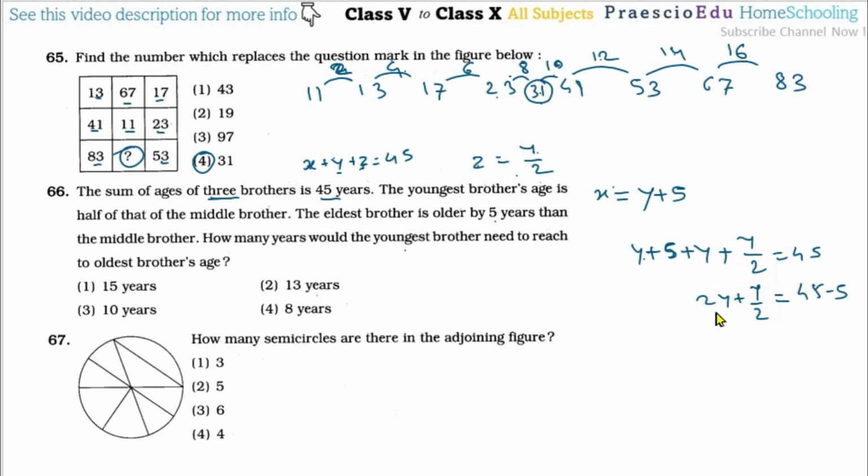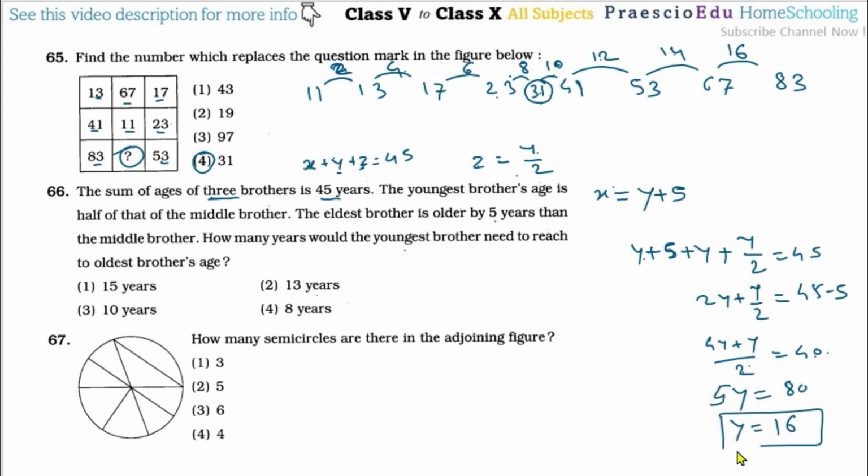Now we make the denominator the same: 4Y plus Y by 2 equals 40. The division becomes multiplication, so 4Y and 1Y make 5Y, equals the multiplication, 80, so Y is equal to 16.